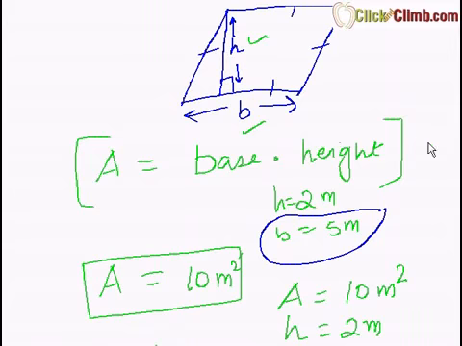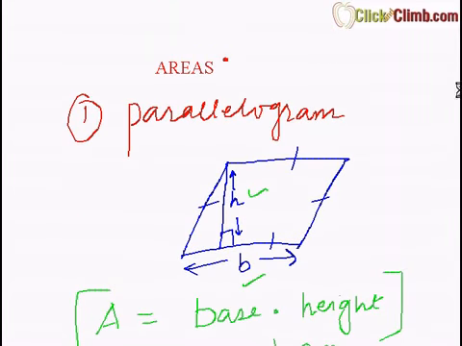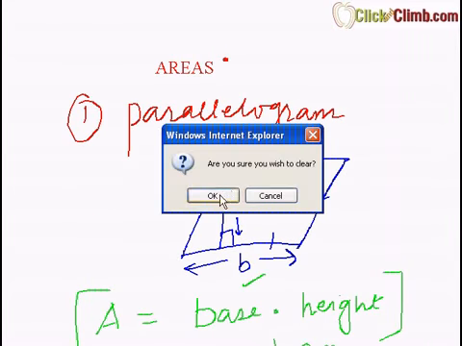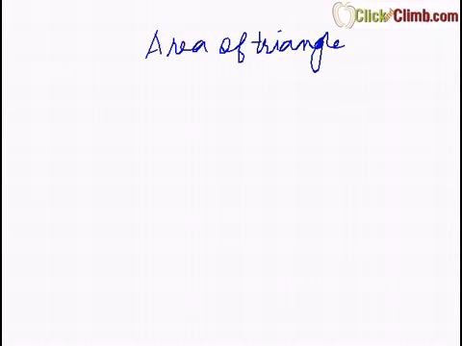Now, this was the area of a parallelogram. Now let's see the area of some other geometrical figures, like the triangle. Now we all know what a triangle is, that's a three-sided figure, right?